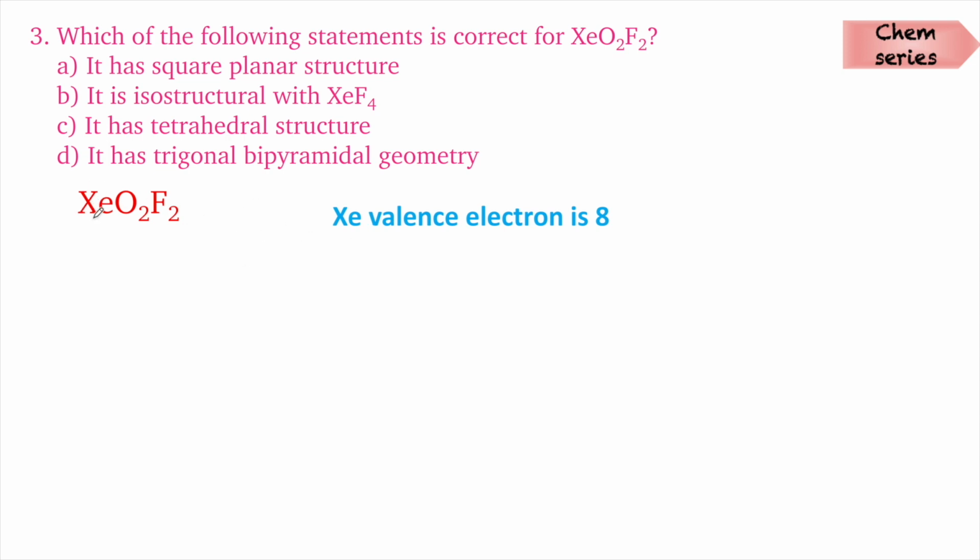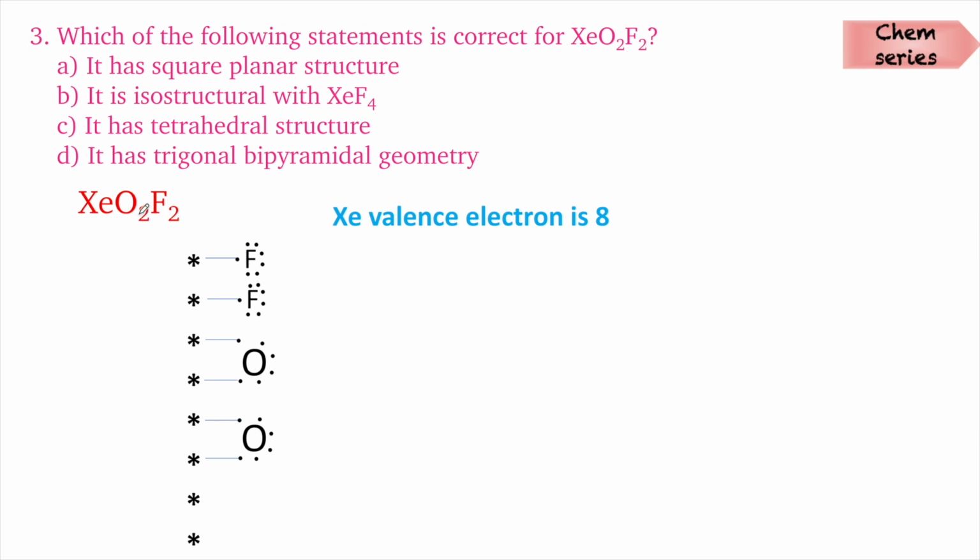Xe will be your central atom and its valence electron is 8. The 8 valence electrons are written, and there are 2 fluorine atoms and 2 oxygen atoms. The 2 fluorine atoms will form single bonds, so they take up 2 valence electrons of Xe.